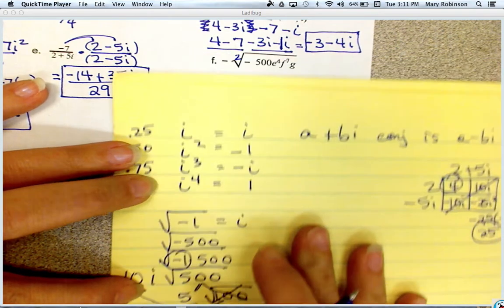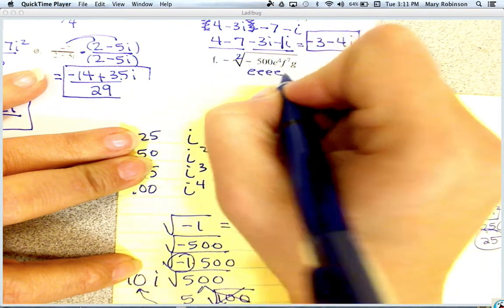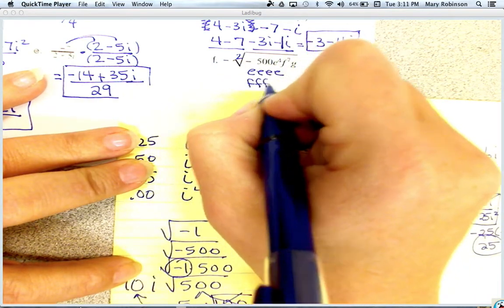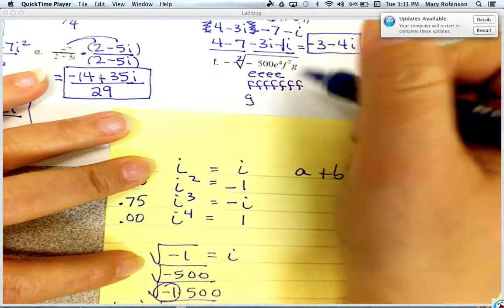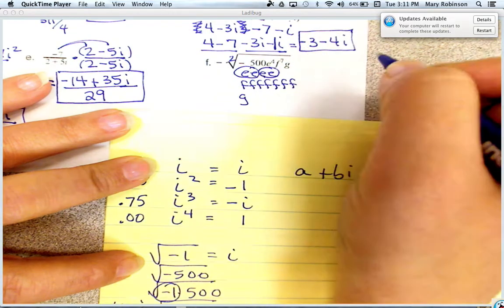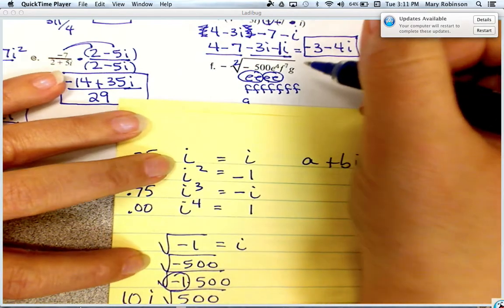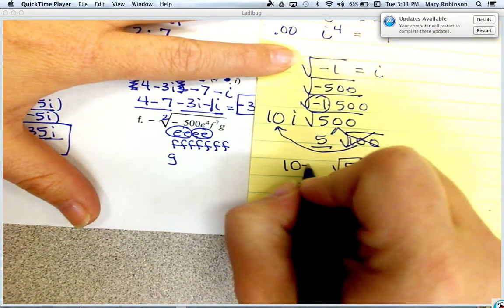But I do have to also consider my variables. If I have 1, 2, 3, 4 E's, 7 F's, and 1 G, and I'm finding the square root, then my job is to look for pairs of factors. Because I can form two pairs, that means in my answer, I need E squared.